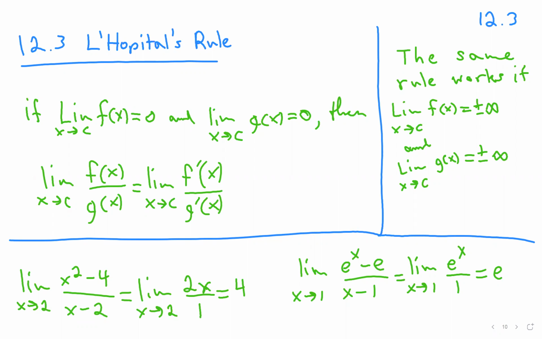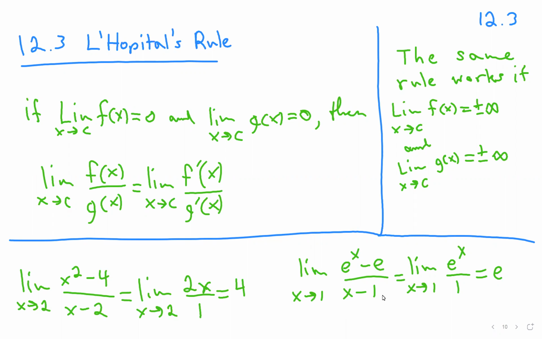In general, L'Hopital's rule does work for all cases where the limit as x goes to c of f of x equals 0 and the limit as x goes to c of g of x equals 0. You can try it and see if the derivatives for the top and the bottom give you a reasonable result or not. We can also check it with another example, the limit as x goes to 1 of e to the x minus e over x minus 1.